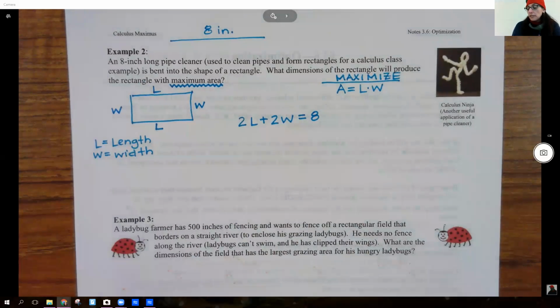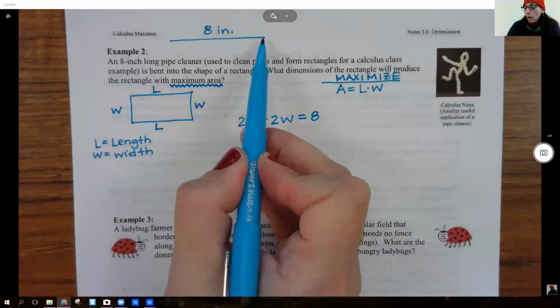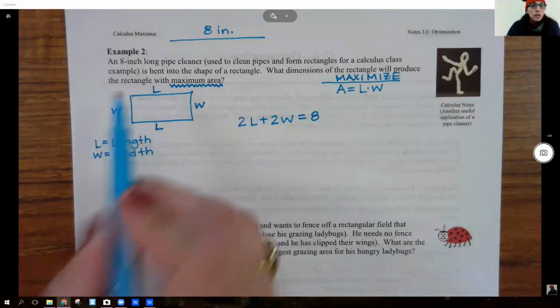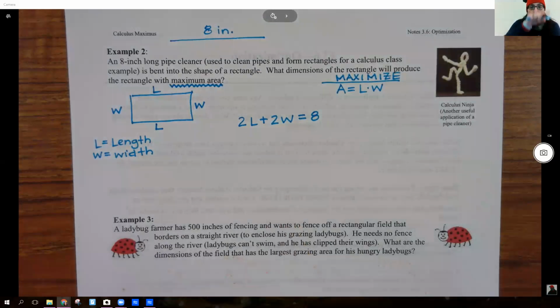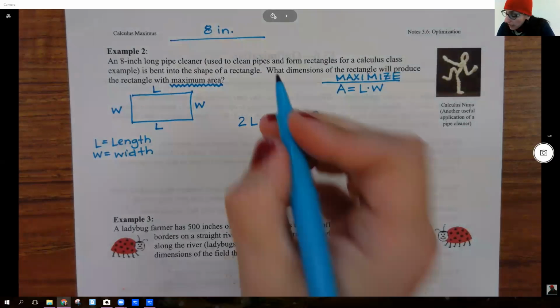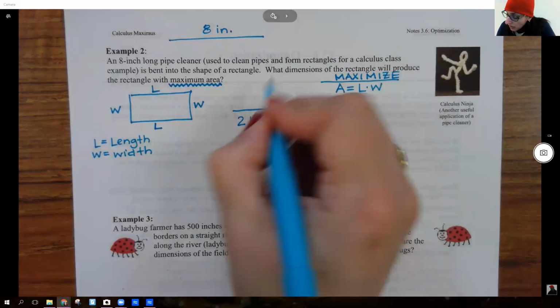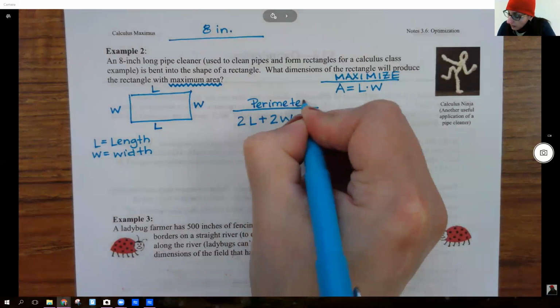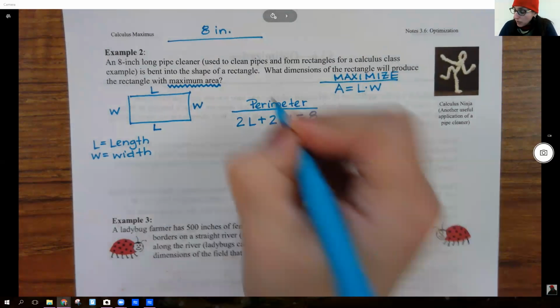We know that this 8-inch pipe cleaner was bent so that it would form a rectangle. So all the way around the rectangle has got to add up to 8, because that's all we've got to work with. This is your information from the given. This is what's going to help you.